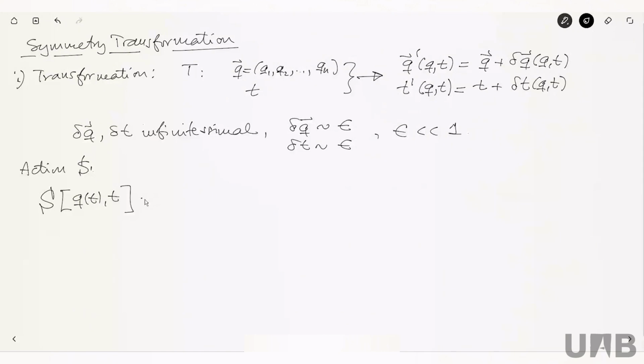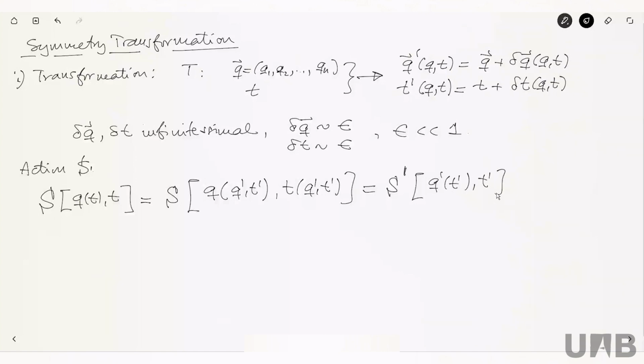That means that this is going to be the action where the qs are now a function of q primes and t primes. q is a function of q prime and t prime, and t is a function of t prime, q prime and t prime, by inverting this. So I replace them in here. So this, in general, is going to be a new action of q prime and t prime.